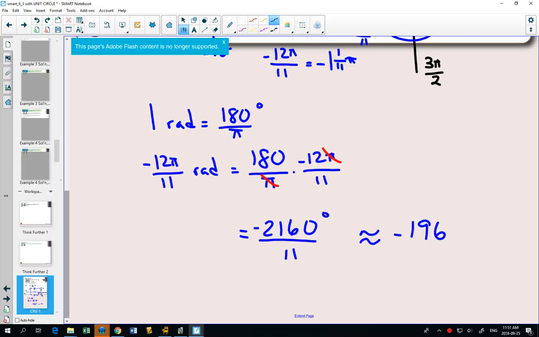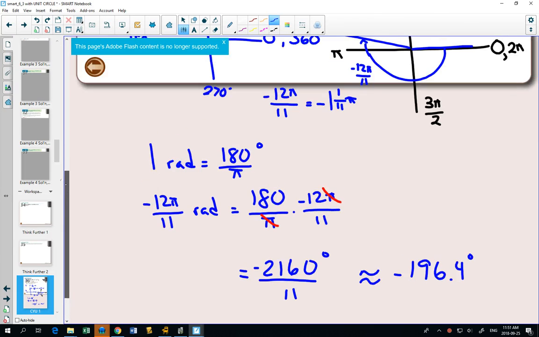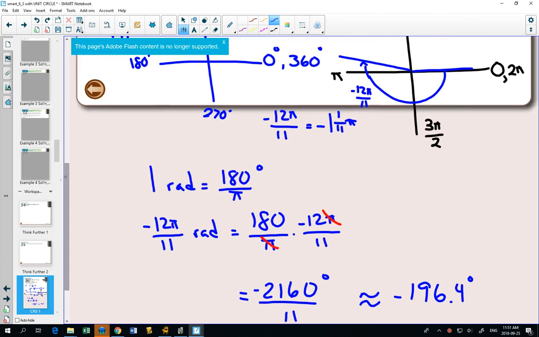To the nearest tenth? Negative 196.4 degrees. Think about the picture we just drew for negative 12 pi over 11. Does that look about like negative 196 degrees? Yes.